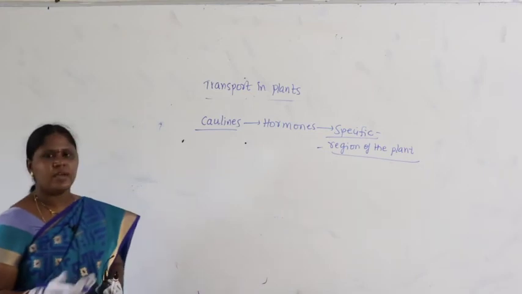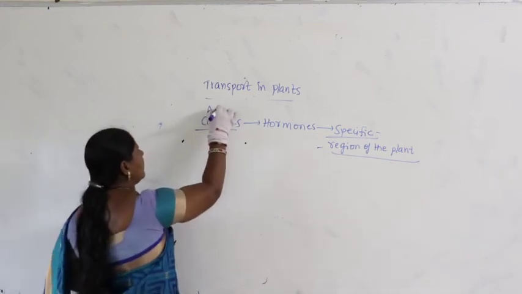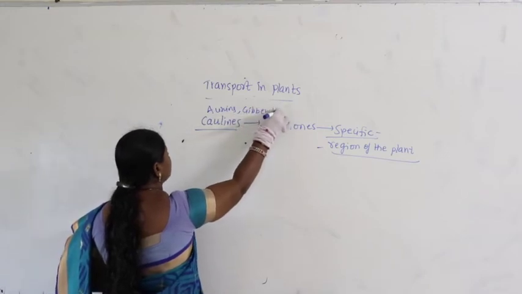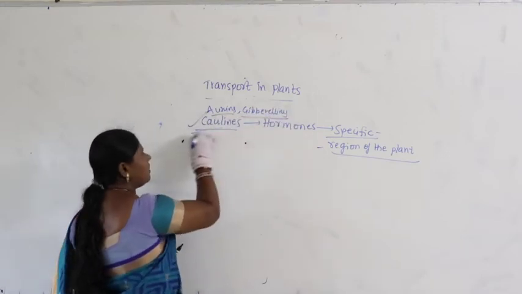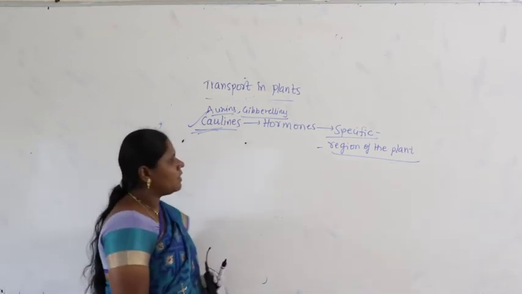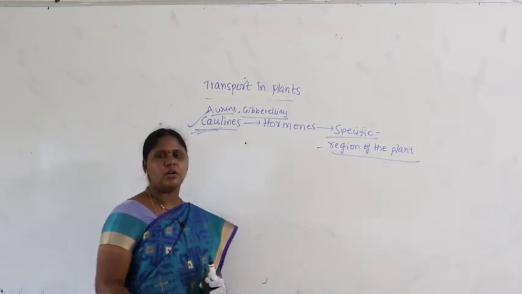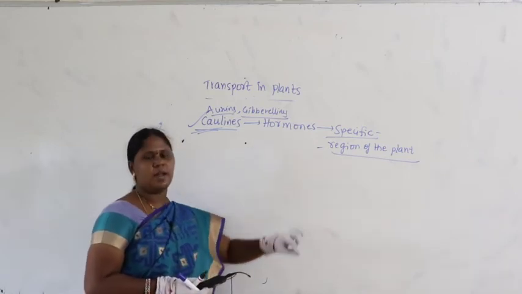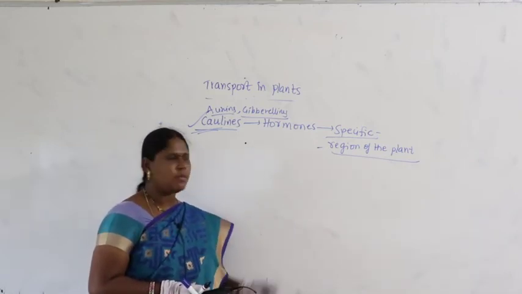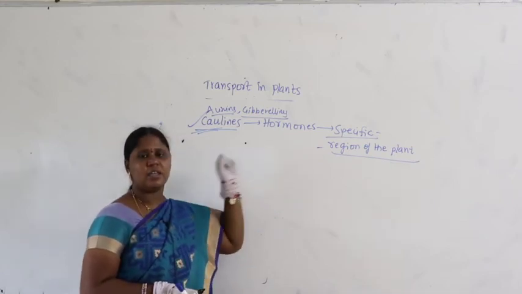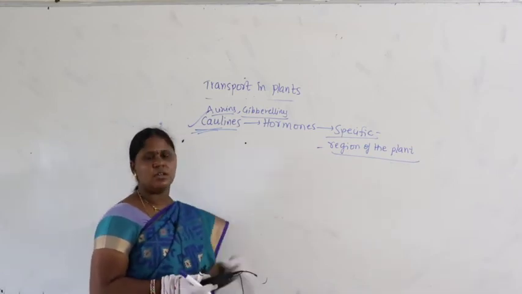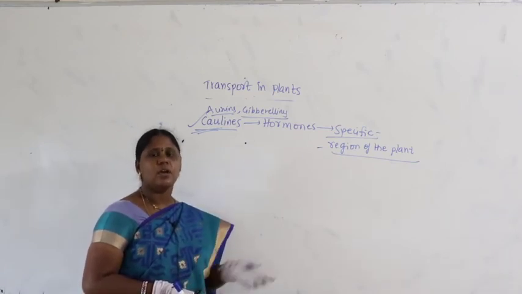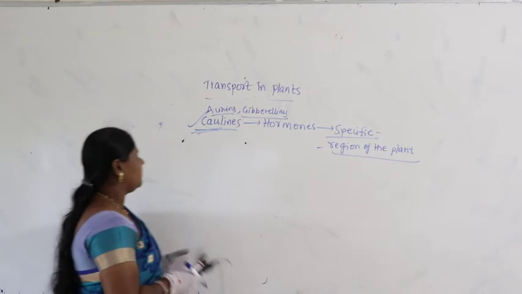So, for example, we have auxins, we have gibberellins, right, like that even we find specific hormones. They are not found in meristematic zones, not found anywhere, but they are found only in the specific region of the plant. As per the need of the metabolism, the plant will synthesize them whenever they need in a specific region. They are not found in the meristematic zone and not found in axillary bud, not found in lateral bud, right.